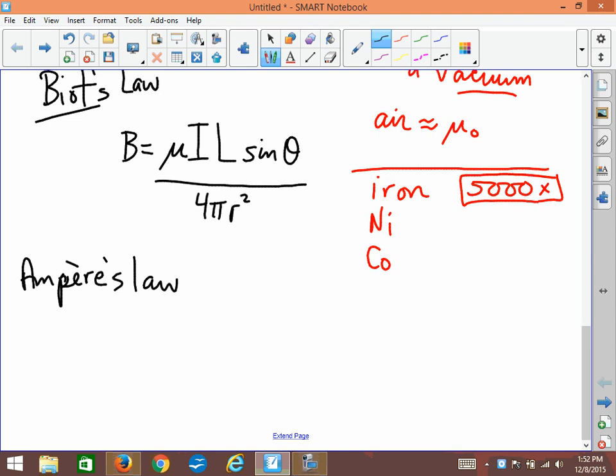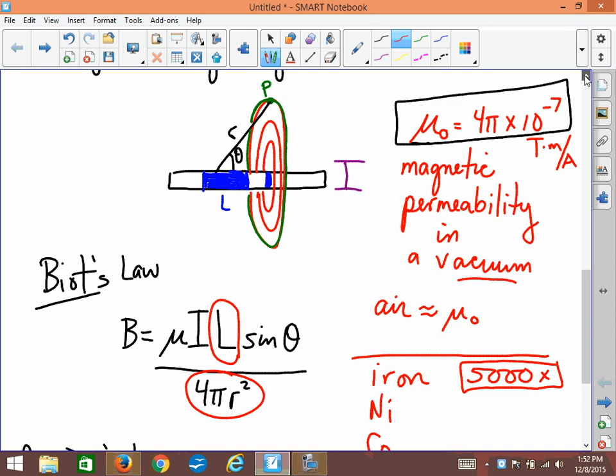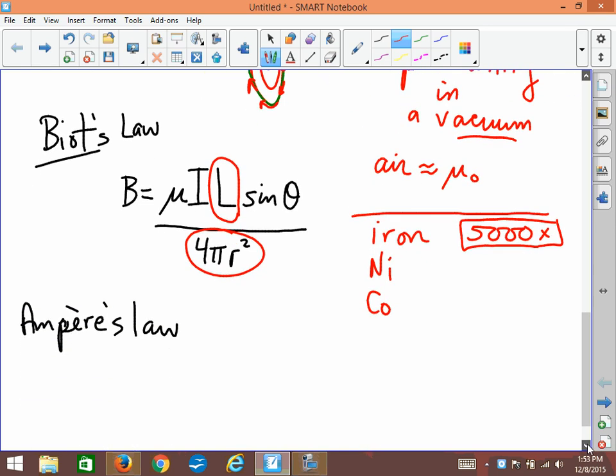And what Ampere did is he basically found a way to restate the length of this conductor and this number on the bottom in terms of some other stuff. Basically by imagining tiny little lengths all around the path of this magnetic field. He imagined little lengths all around here, and he was able to show that the sum of those lengths works out to a couple of expressions and so on.